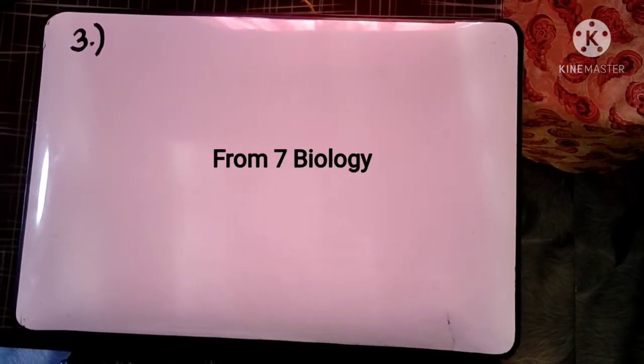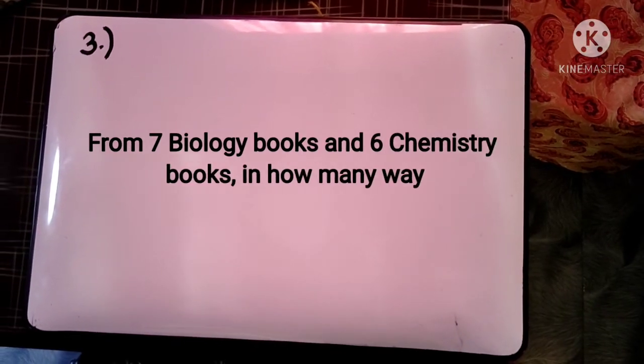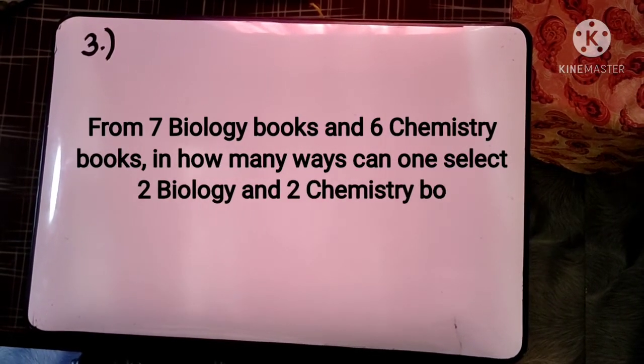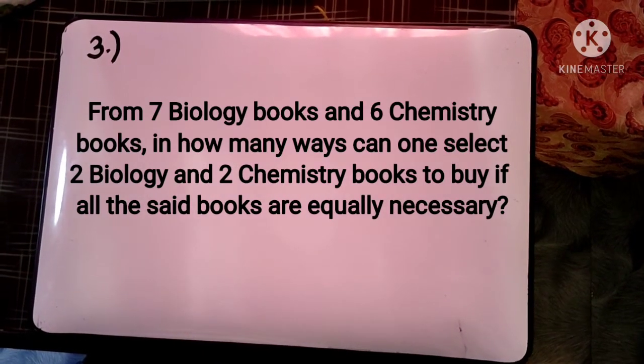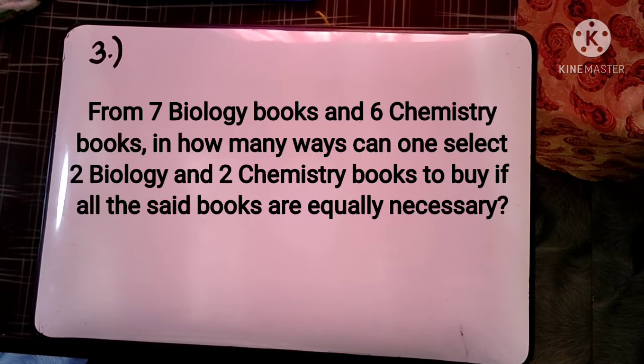Let's proceed to number 3. From 7 biology books and 6 chemistry books, in how many ways can one select 2 biology and 2 chemistry books to buy if all the said books are different?